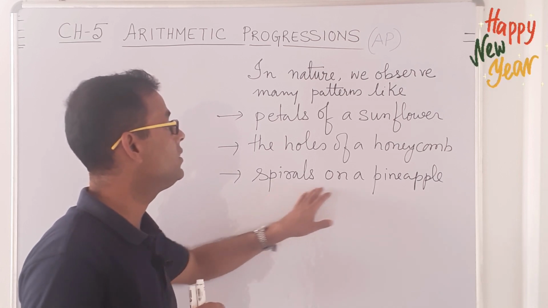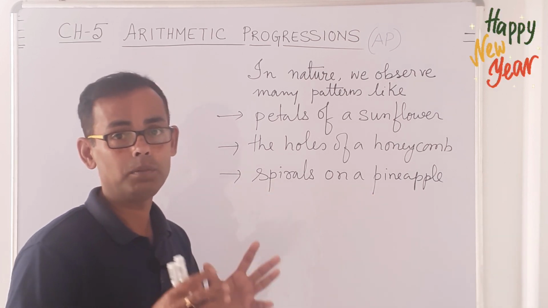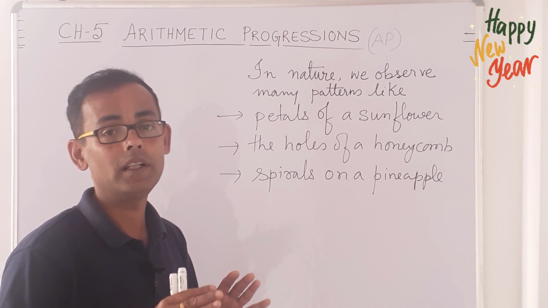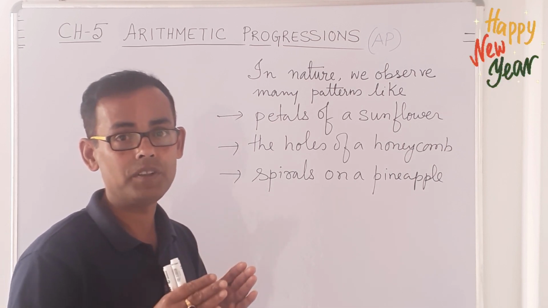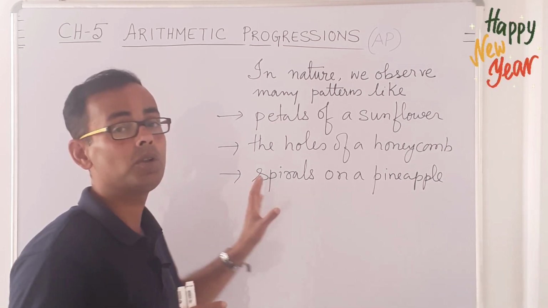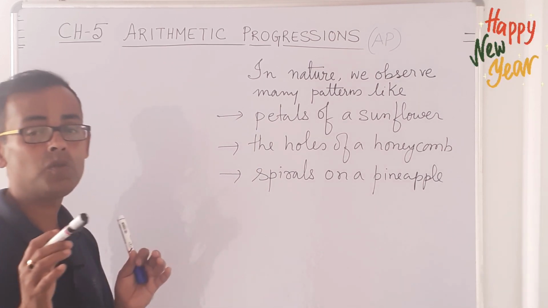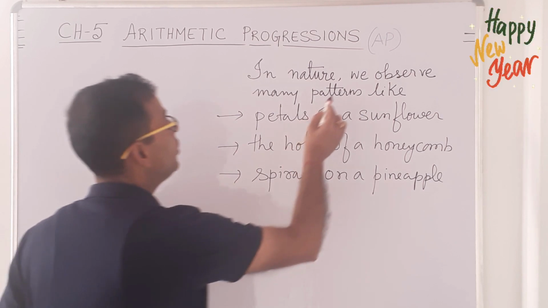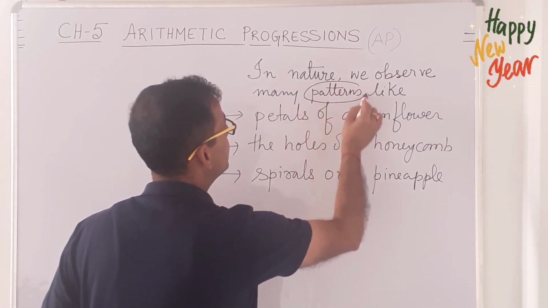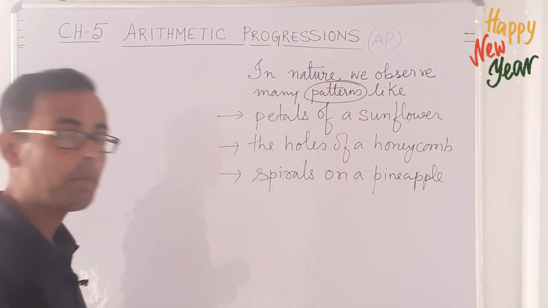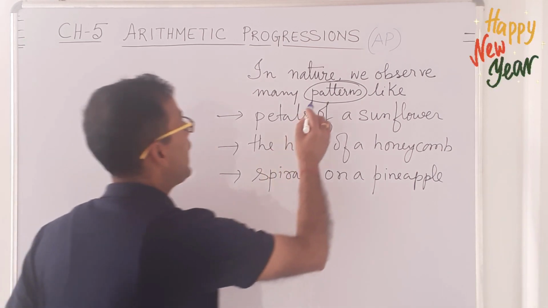Then the spirals on a pineapple fruit. In that spiral shape also there is a pattern. So we are now focusing on the word pattern. What does this pattern mean?